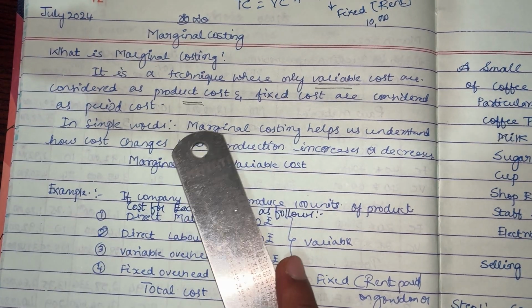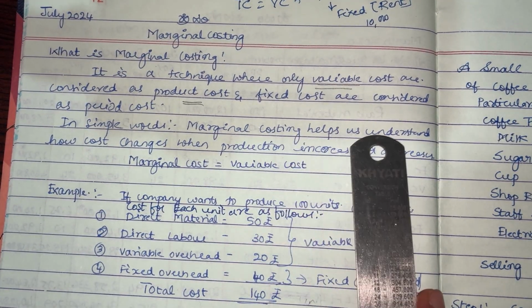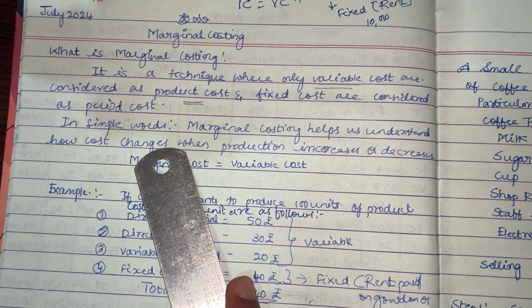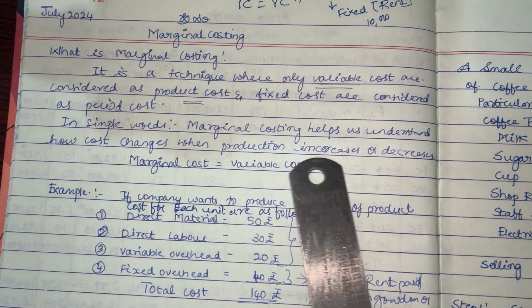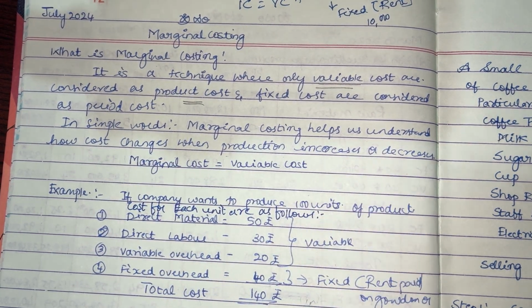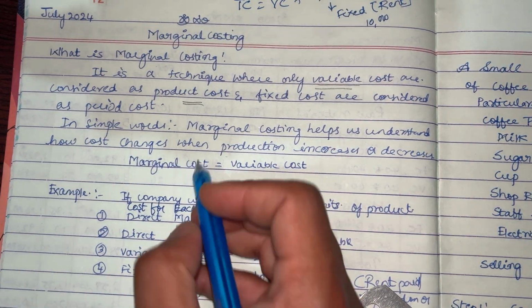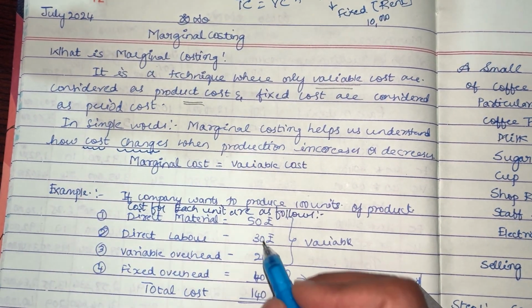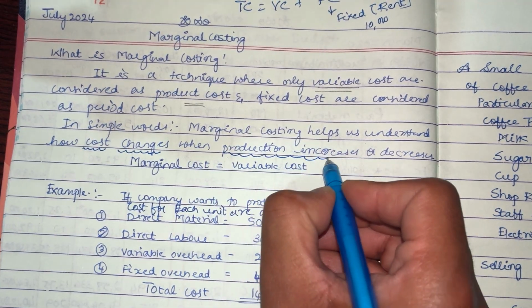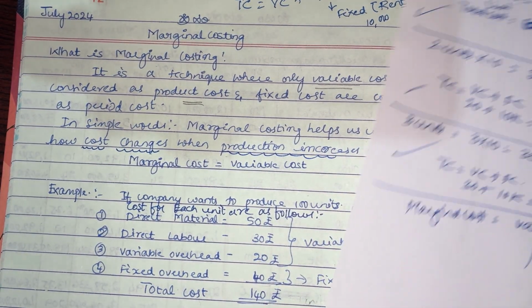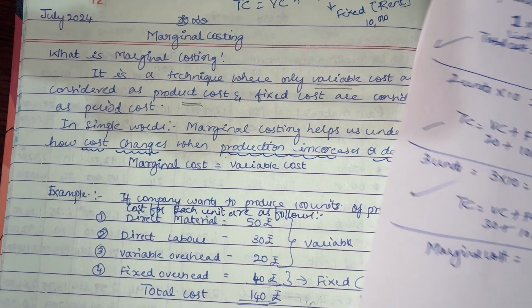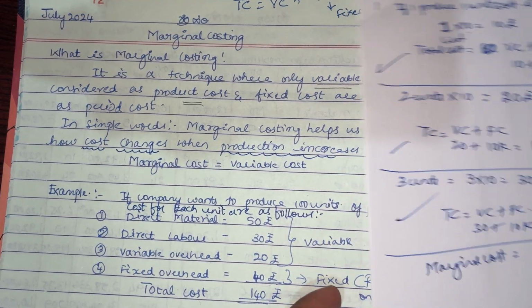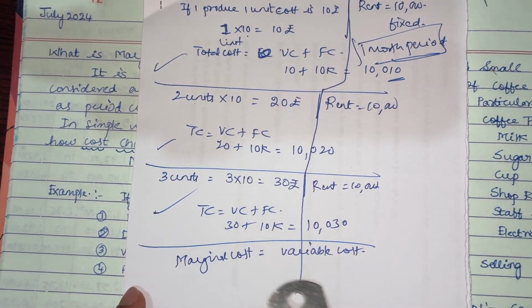In simple words, marginal costing helps us to understand how cost changes when production increases or decreases. I will just particularly underline here, how cost changes when production increases or decreases. See here, marginal costing will help us to understand how cost changes, right? Again, marginal costing is nothing but variable cost.